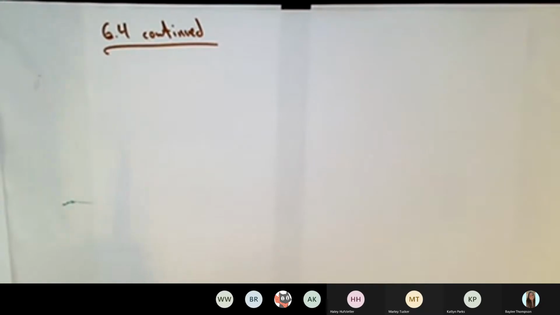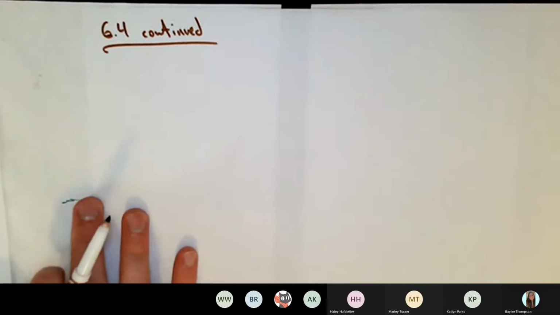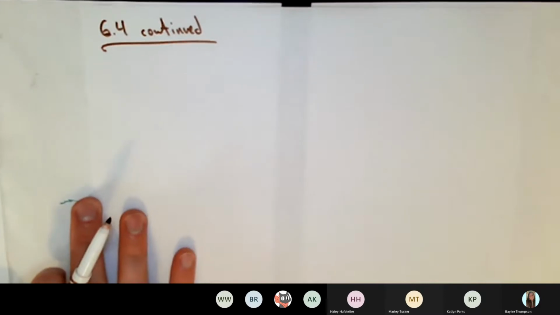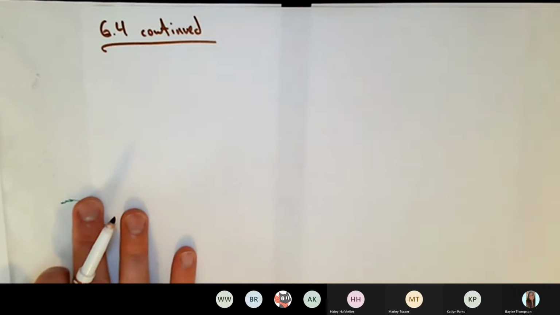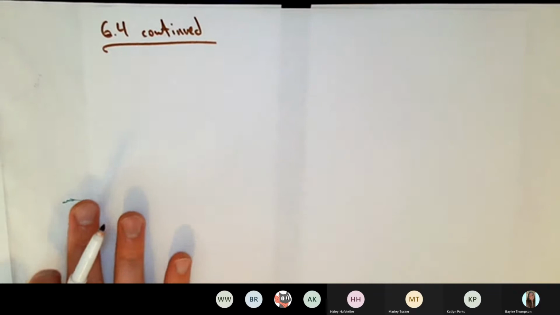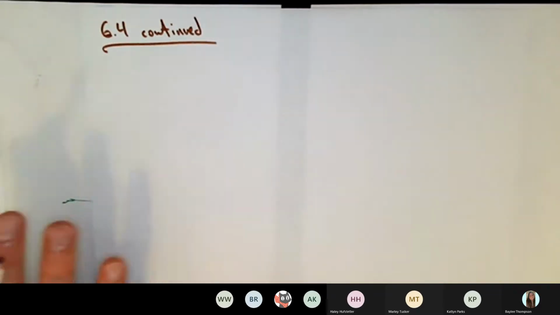Let's see, 6.4, number 4, and 35. Let me pull those up in the text real quick. There. So number 4, secant of 2x, already talked about that.